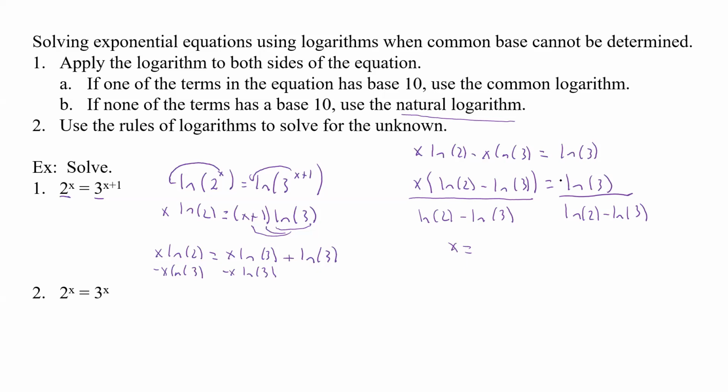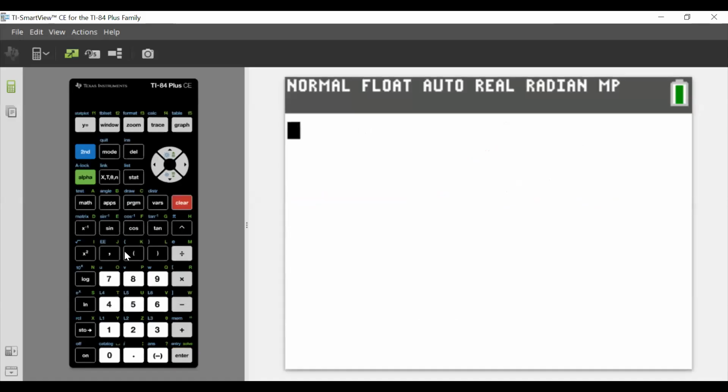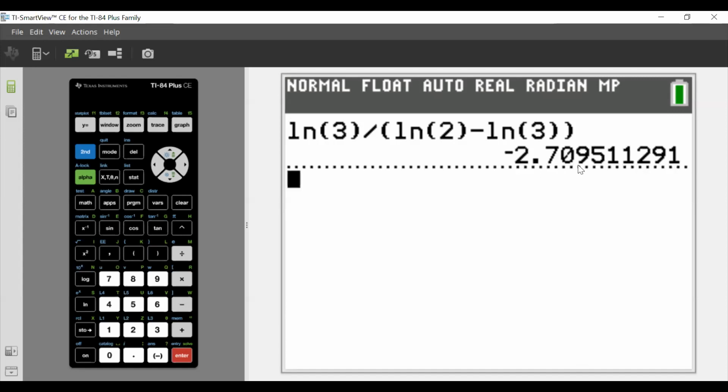Well, if they actually want us to solve to some decimal place, we can just plug that into our calculator and get a value. Where'd my calculator go? So if we clear that, we would have ln of 3 divided by, in parentheses, ln of 2 minus ln of 3. So we get negative 2.7095.